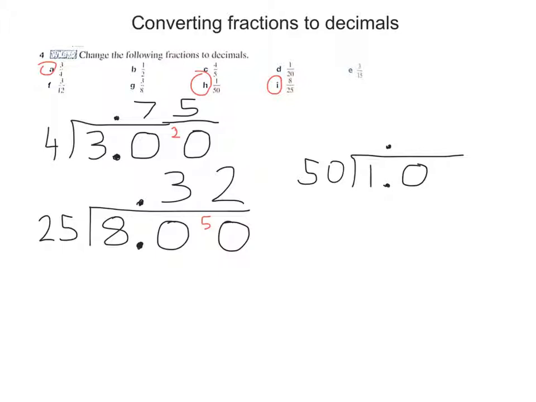Okay, so now we're ready to go ahead and try and solve this question. We want to convert 1 over 50 into a decimal. So first question is, how many times does 50 go into 1? It doesn't, so we just put a 0 here. How many times does 50 go into the number 10? Remember, we don't treat it as 1.0, we treat it as the number 10. It doesn't, so we'll just put a 0 here.